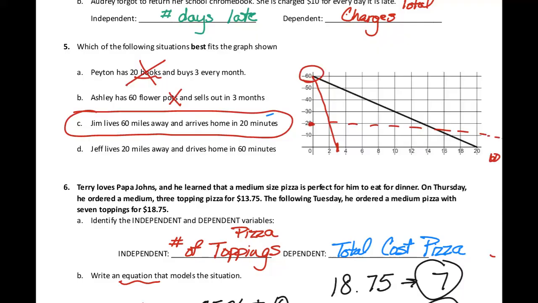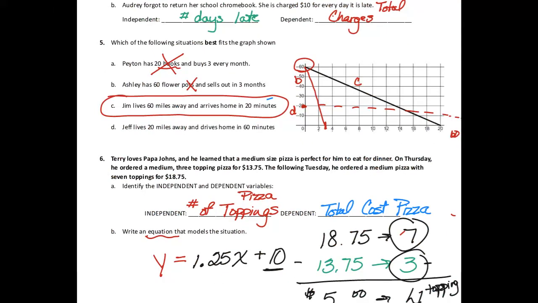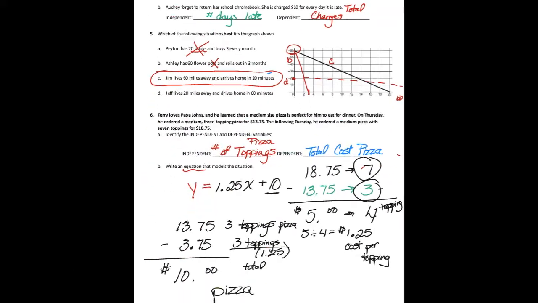It's just gonna go straight. So this would be D, this would be B, and this one is C. Wait, wouldn't that have to go up? No, because over the minutes, he is getting closer to home. Okay, closer and closer. That does take care of all of them.